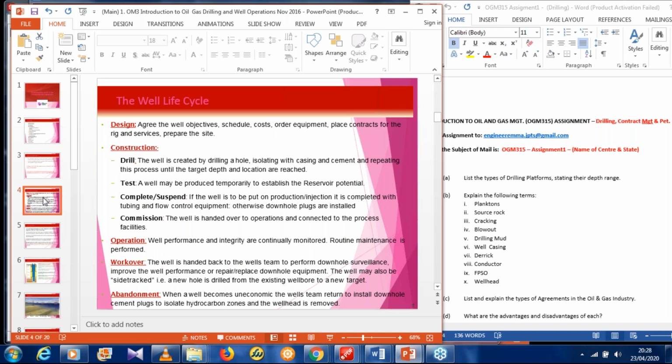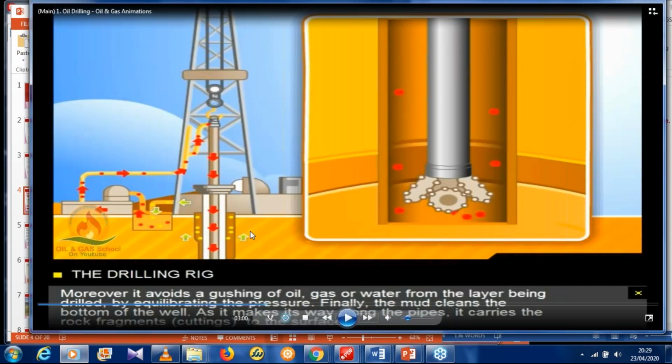In the construction, the well is created by drilling a hole, isolating it with casing and cement, and repeating the process until the target depth is reached, like we saw in that video earlier. You can see we have to drill down until we get to the target point where the oil lies.